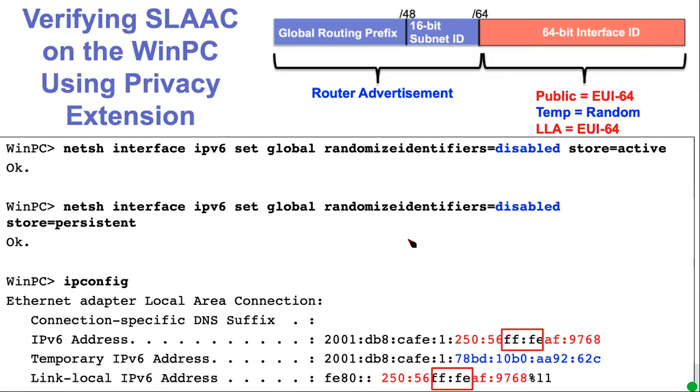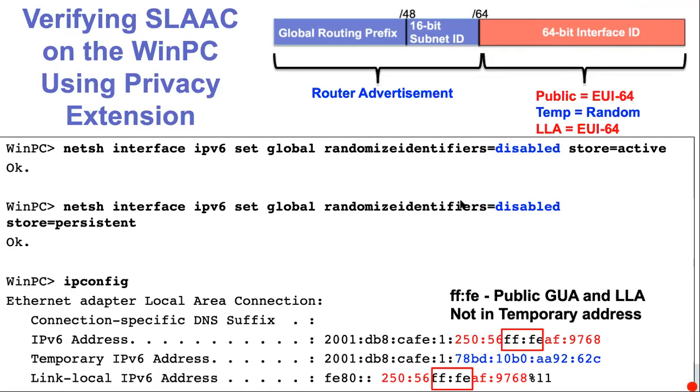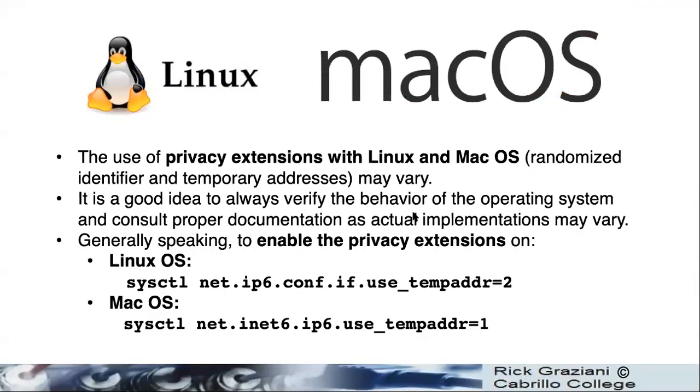So Windows by default uses a randomized interface ID. Mac and Linux, it really just depends on the version, but generally speaking, they tend to use EUI-64.